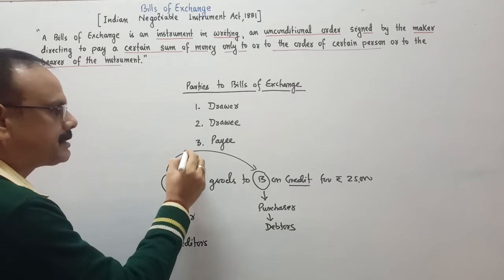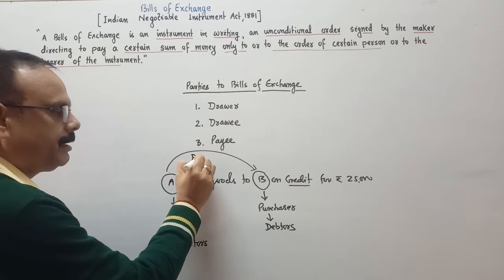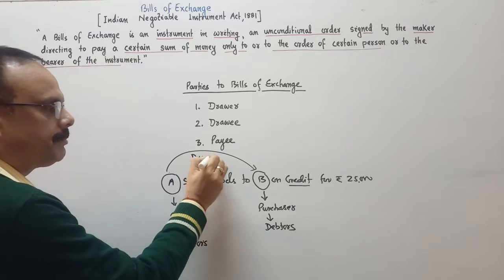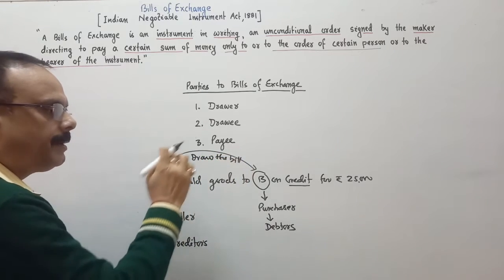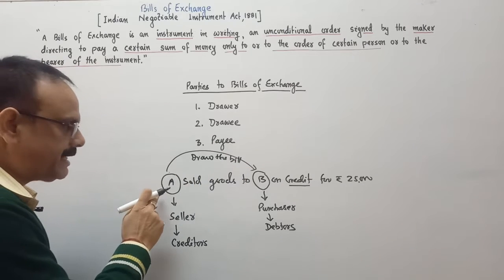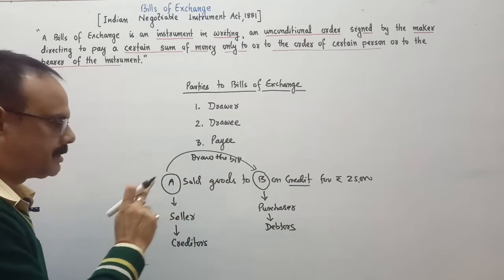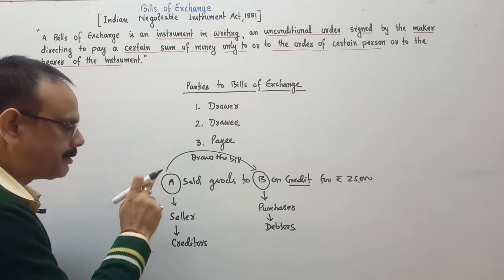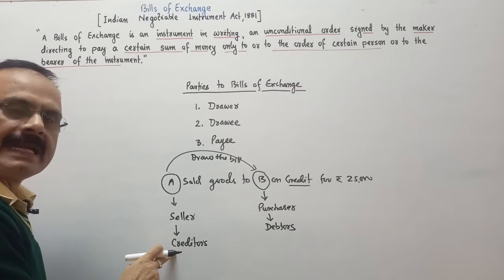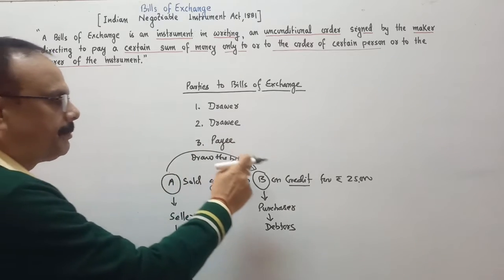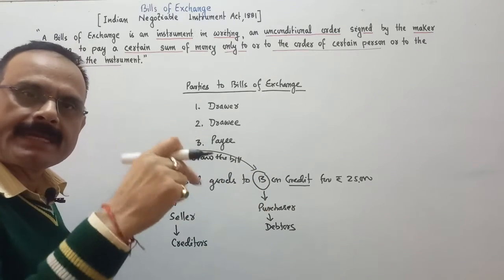So A draws a bill over B. So A is the drawer. Who is the drawer? A is the drawer. The drawer is the seller. You may say the drawer is the creditor. The bill is drawn over B, which is accepted by B.